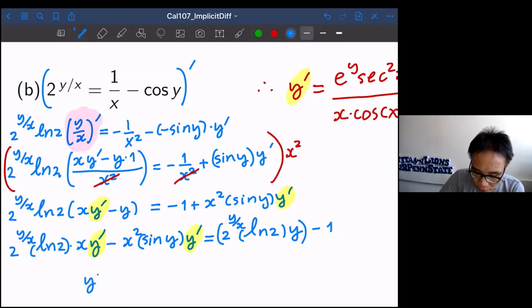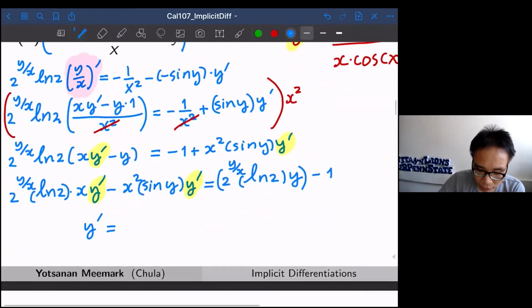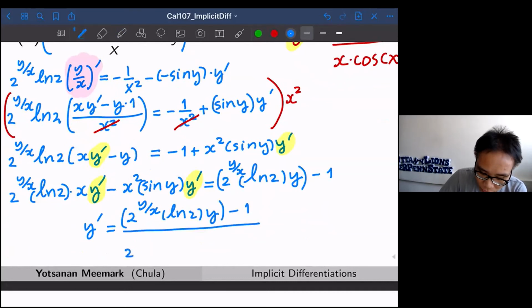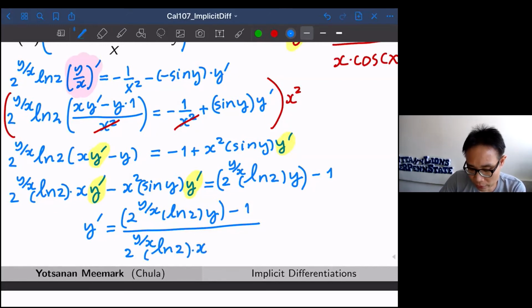So in this case you get y prime equal to 2^(y/x) log 2 times y, minus 1, and everything over 2^(y/x) log 2 times x, minus x squared sine y.